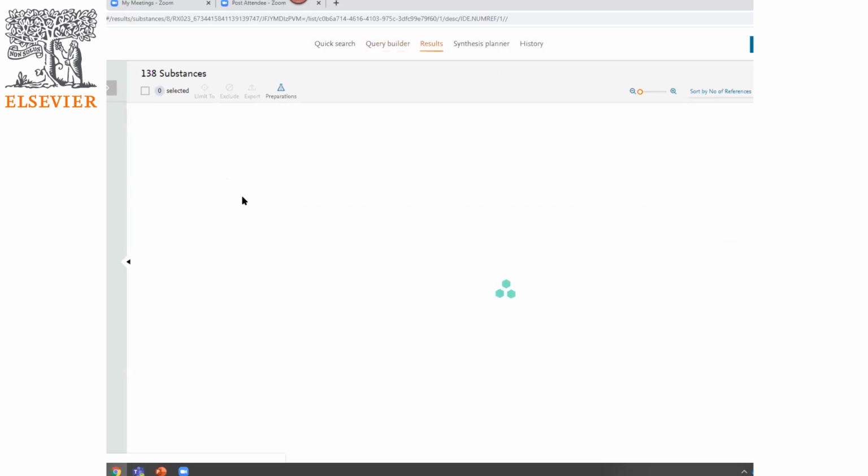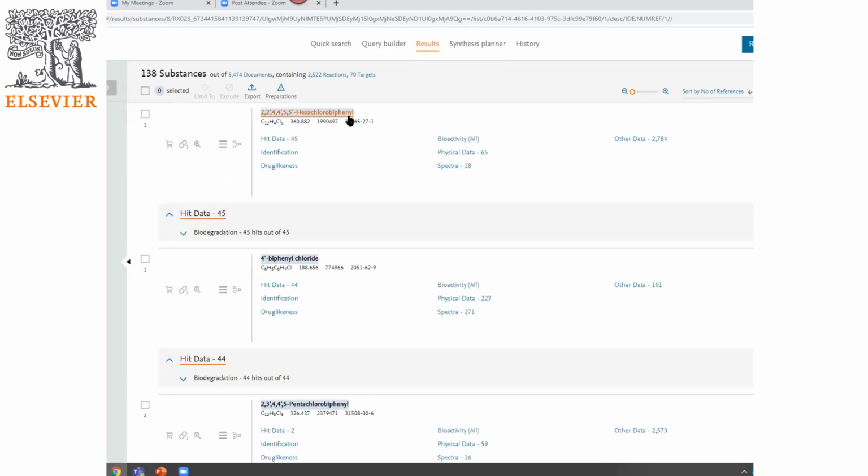It's one approach, and let's search it. As you see, we do not limit our search to graphical structure. Technically, if this word combination biphenyl is somewhere, we will find it as a search result.